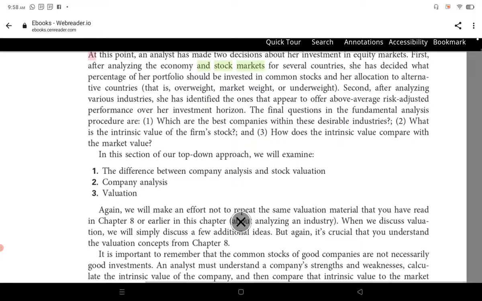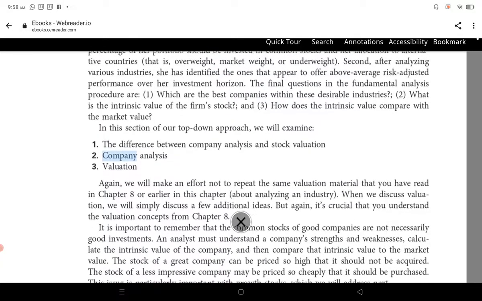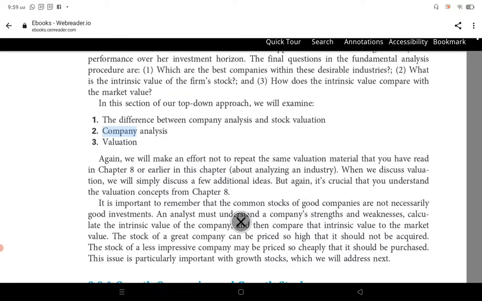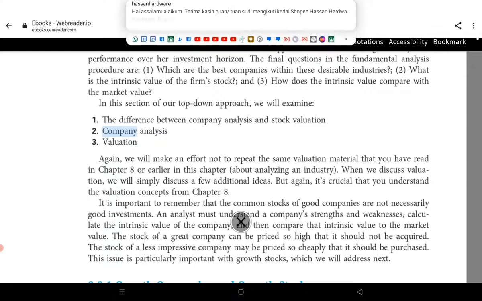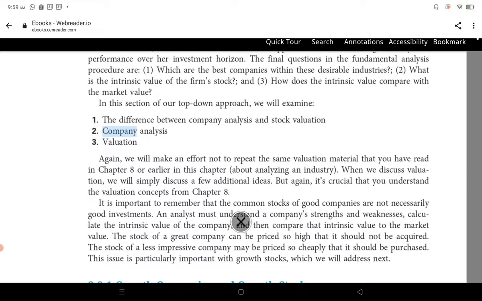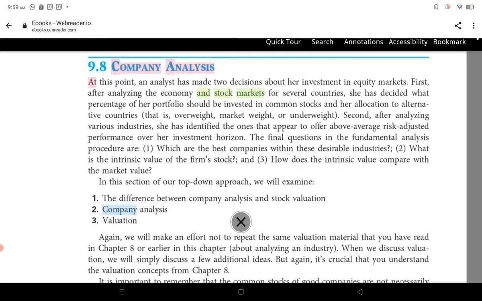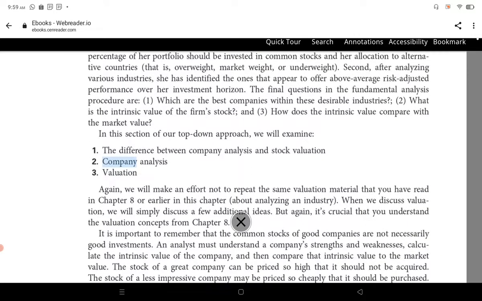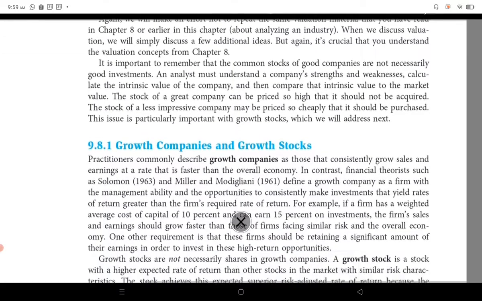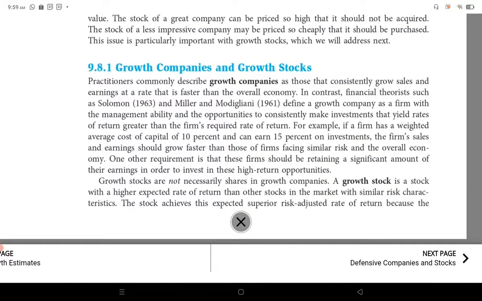Maknanya kalau dia nak buat tu, dia kena decide juga on the part of the company analysis itself. Dia kena buat a kind of thorough analysis tentang industri yang dia nak, company yang dia nak invest tersebut. Maybe from the beginning she has decided about the economic analysis and which industry she could invest in. The third thing is the company analysis itself. Dia memang kena check on the company analysis.